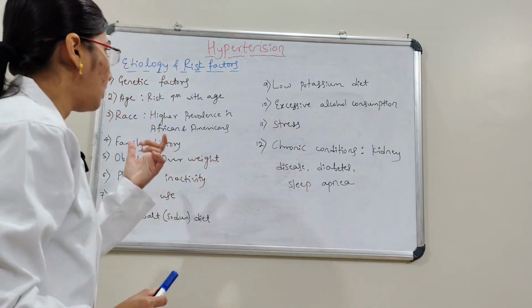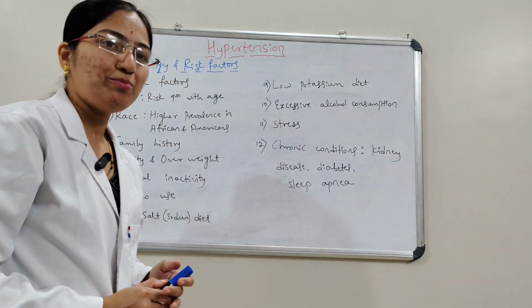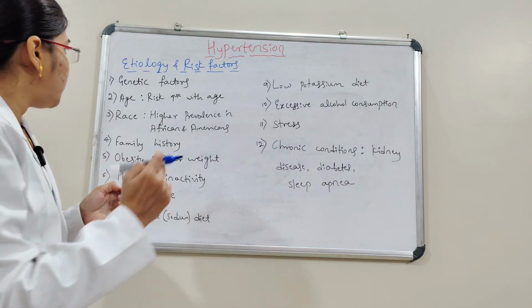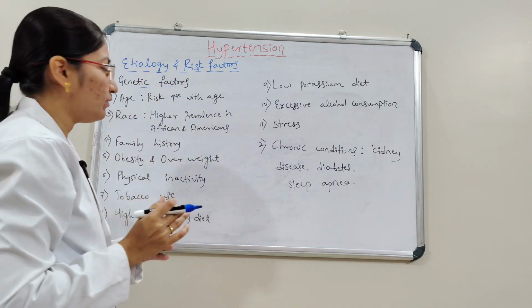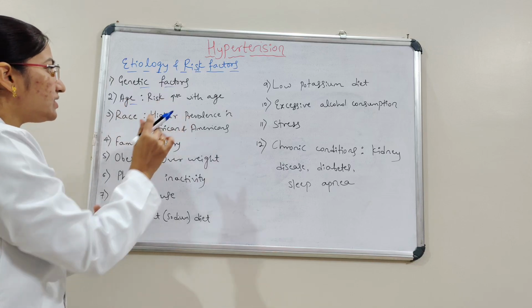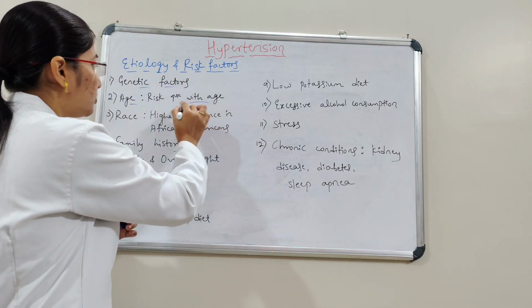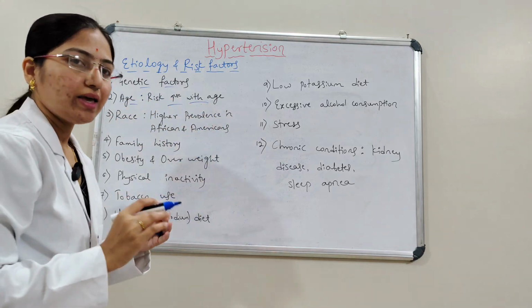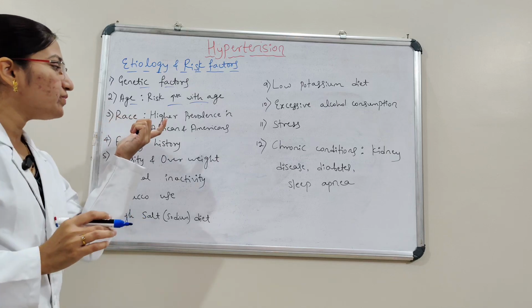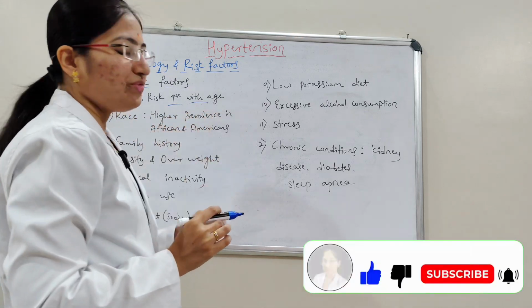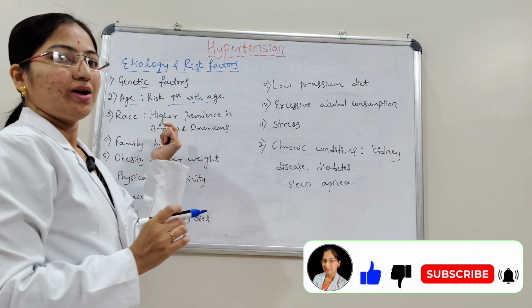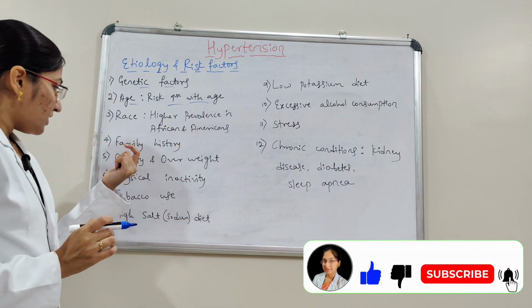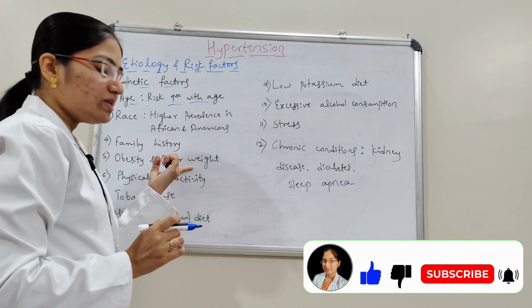Next we will see the causes and risk factors of hypertension. Here first factor is genetic factor, a hereditary one. And then age, risk increases with age. And then race, we can see higher prevalence in African Americans. And then family history is also a cause. And then obesity, overweight, these are common.